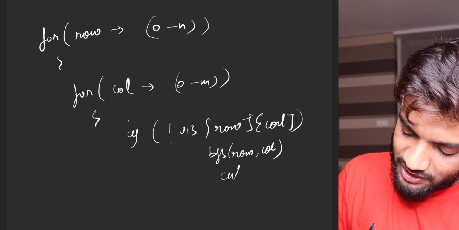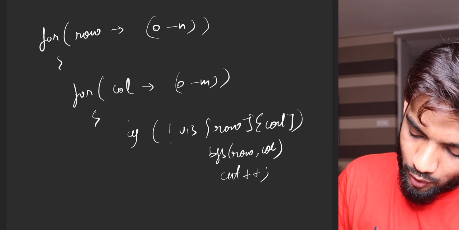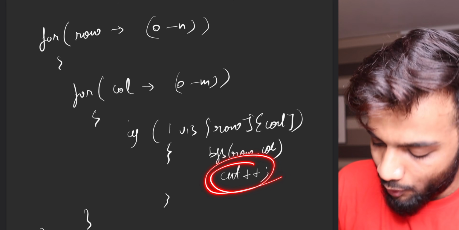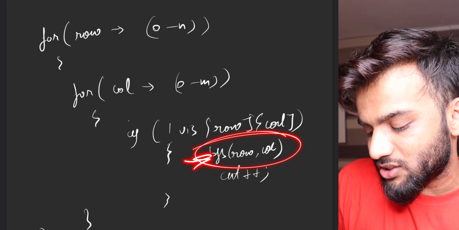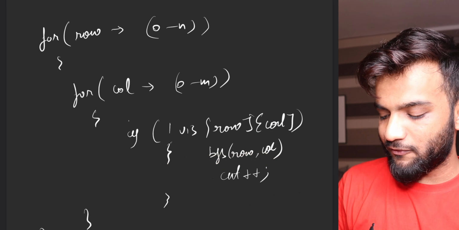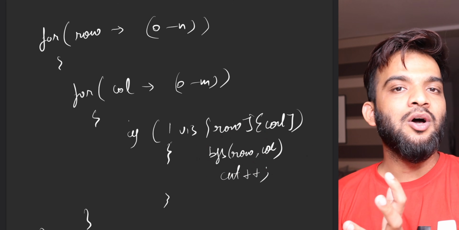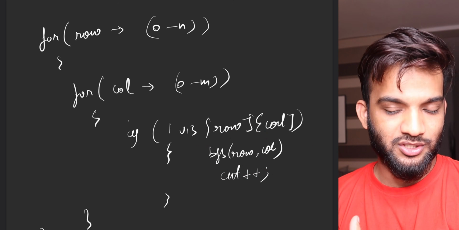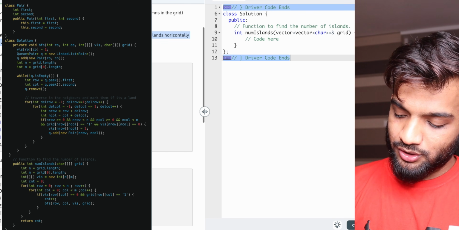At the same time, you count the number of starting points that you called for. Every time you call a row column as the starting point, you count it. BFS will stay kind of similar, only you make sure how to traverse in the adjacency list. So we wrote the pseudo code.